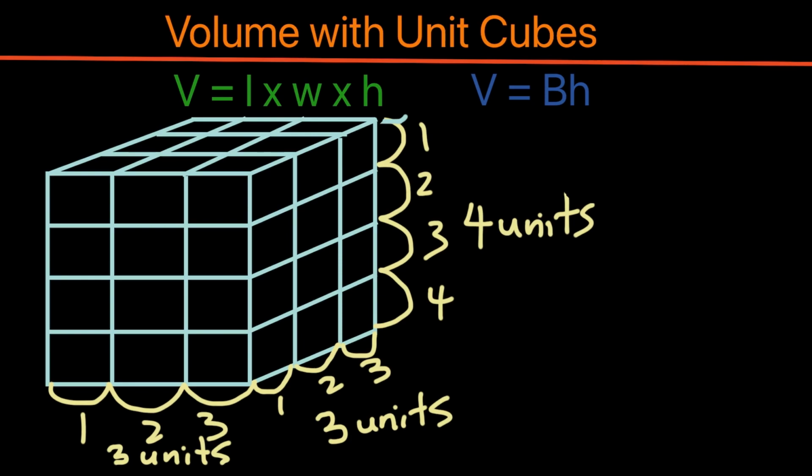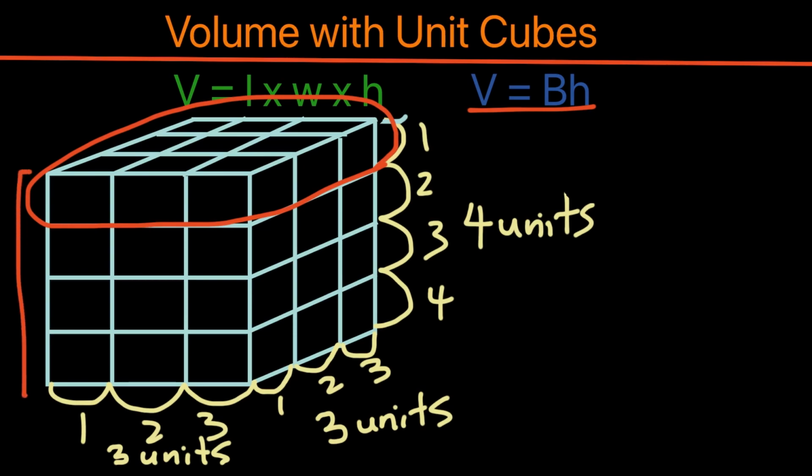Now what if you want to use the other formula? Volume equals area of the base times height. With this method, we're basically finding out the area of the base, which in this case would be this portion. And once we have that, we will multiply it by the height to get the volume.